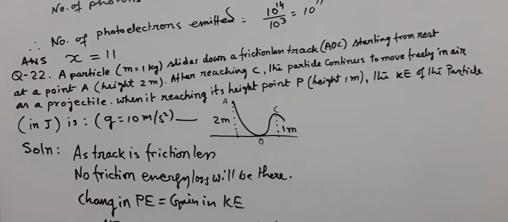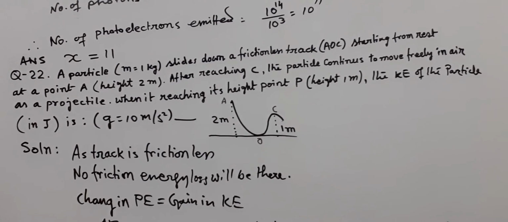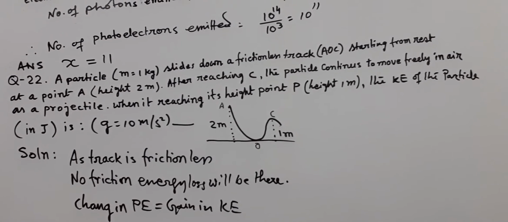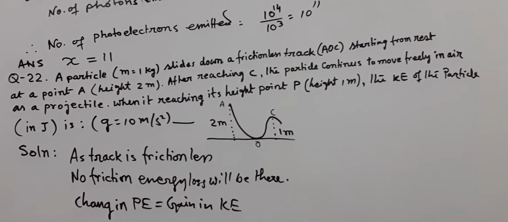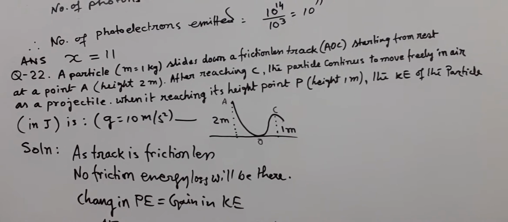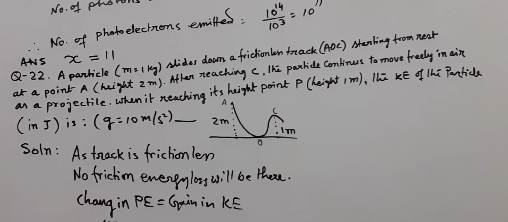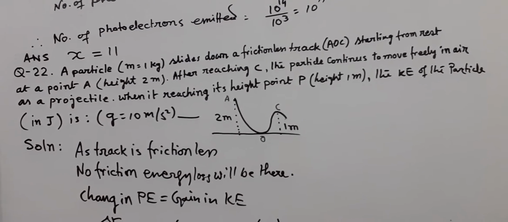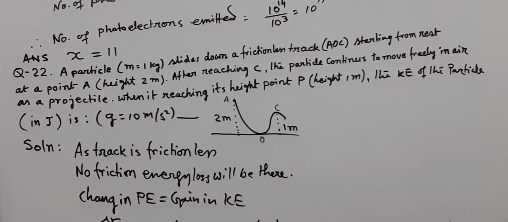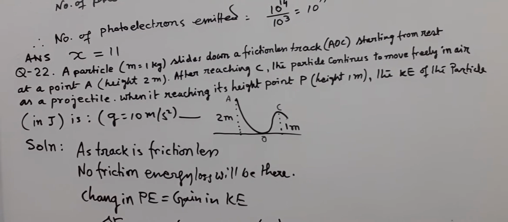After reaching C, the particle continues to move freely in air as a projectile. When it reaches its highest point P, whose height is 1 meter, the kinetic energy of the particle in joules is to be found, given g equal to 10 meter per second square.